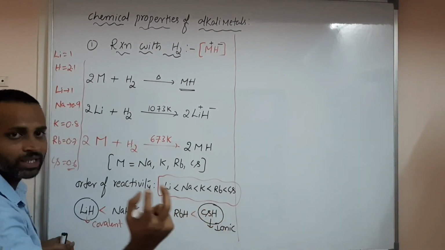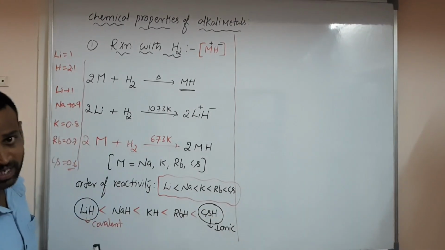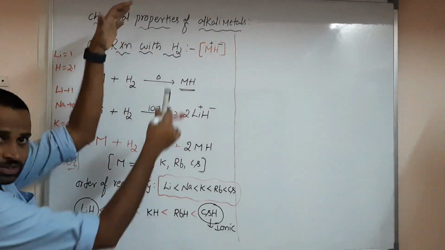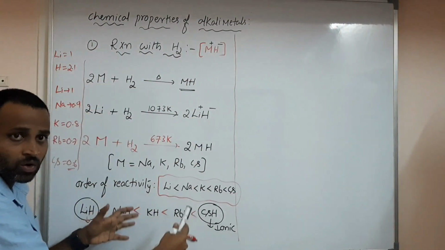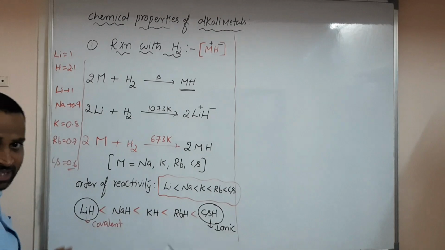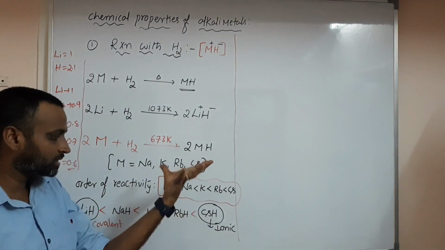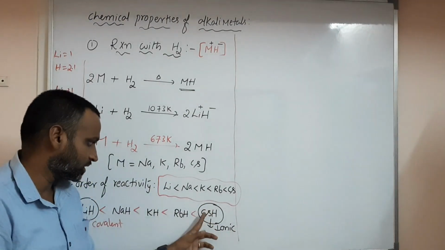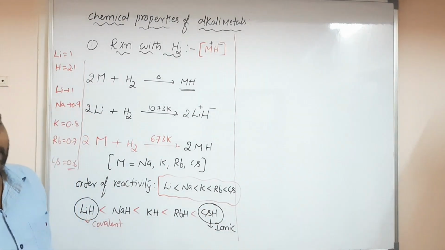So between these two there is no sharing nature. As going down, size increases, either atomic radius or ionic radius. From lithium to cesium, size increases, so the cation size is big, the anion size is small. Certainly they won't have a sharing nature in cesium hydride.